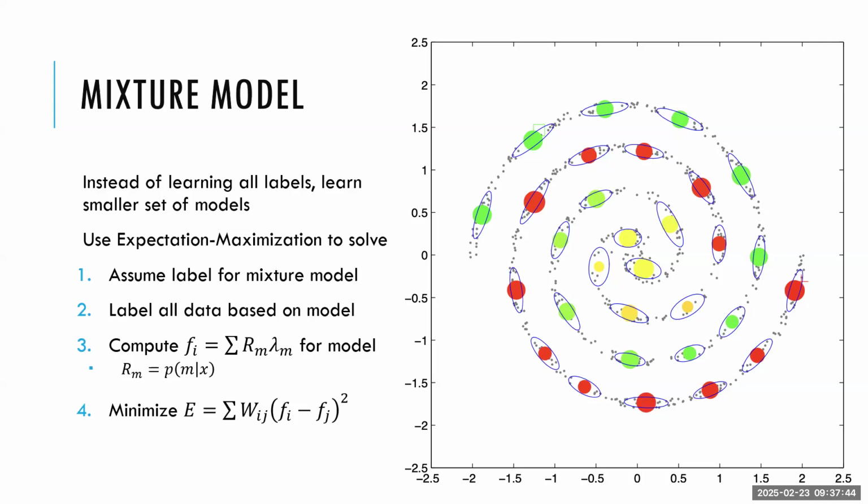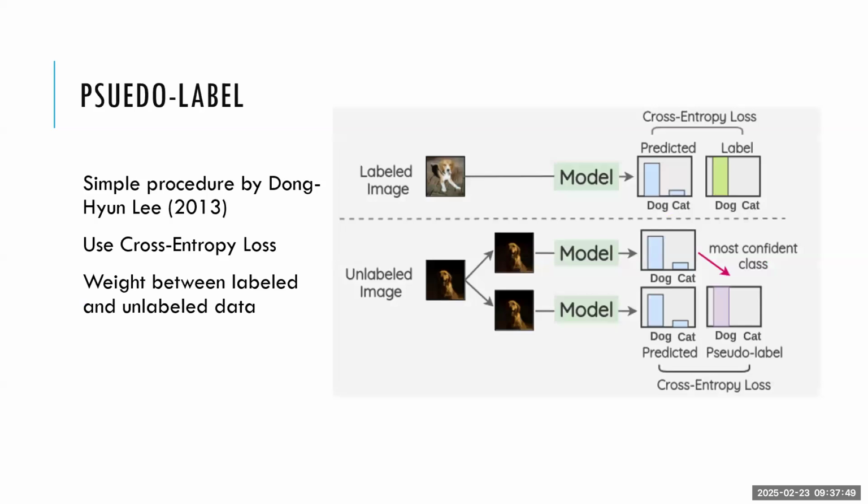So that is the mixture model. And then we come back to the pseudo label, right? We talk about the pseudo label being a label that you get from predicting the unlabeled data using a model. And we talk about the pseudo label being inaccurate.